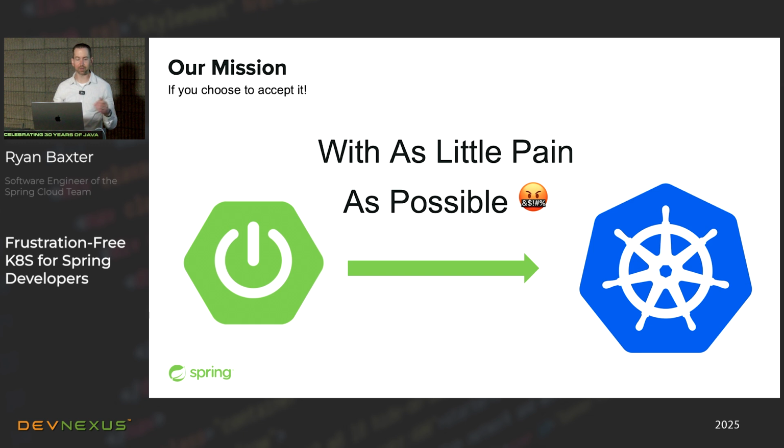You build your Boot app, put it in a container, write a little YAML, and all of a sudden it's magically running on Kubernetes. That works great from a demo point of view, but when we talk about real-world scenarios, more complex applications or production environments, the complexity quickly blows up in your face, and it becomes a lot harder than it looked in the demo you might have seen. It can become quite frustrating.